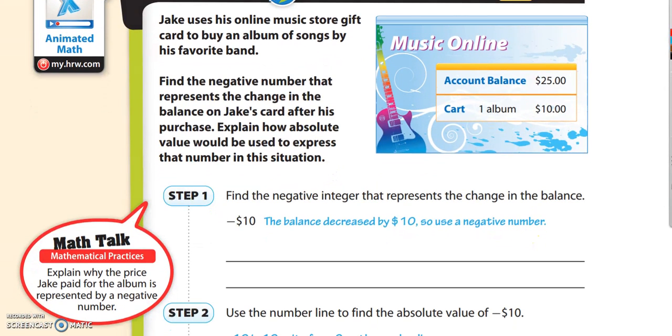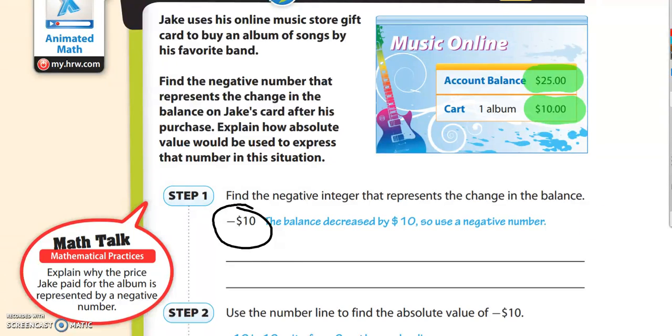So if you check out this deal, he had $25, and then in the cart is an album, and the album costs $10. So step 1 is to find the negative integer that represents the change in the balance. Well, it's going to be negative 10. And the reason why it's negative is because if he spends money, the account balance will decrease by $10.